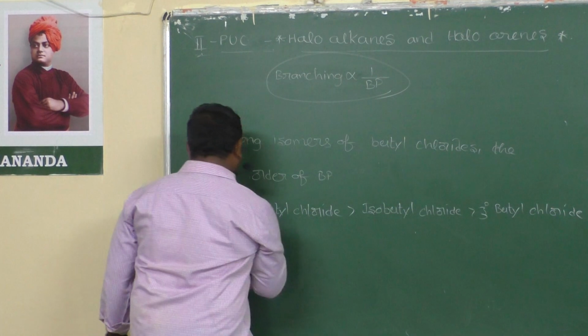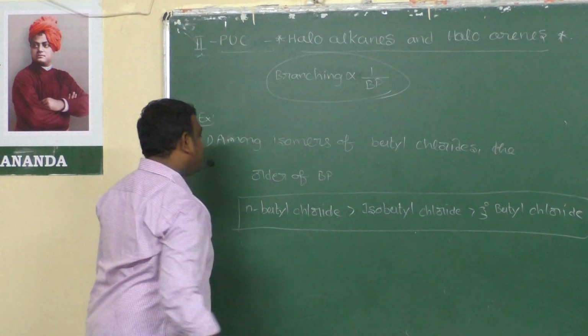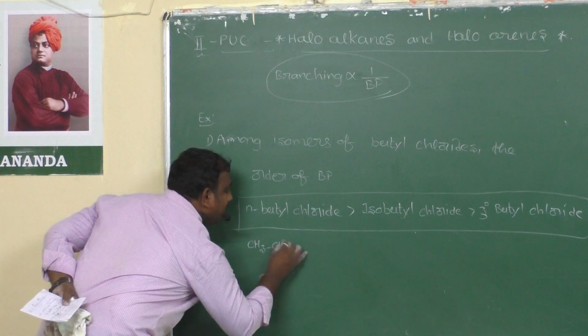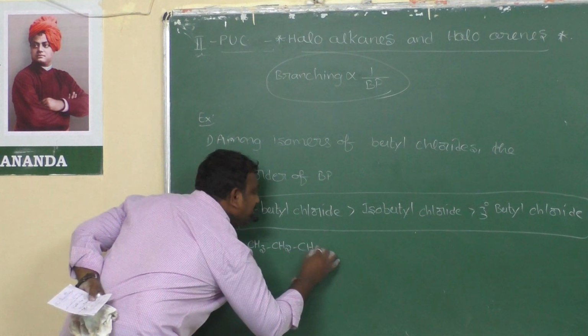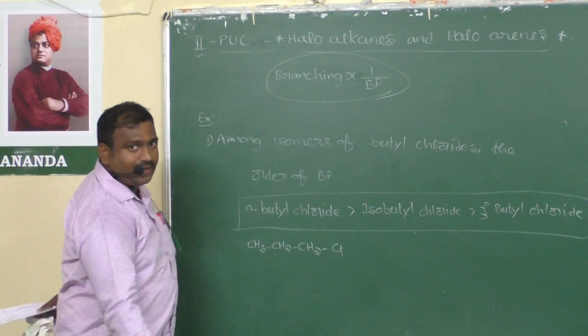Sir, how will you write it directly? This is the question. You know n-butyl chloride. What is the structure of n-butyl chloride? CH3CH2CH2CH2Cl. This is n-butyl chloride.